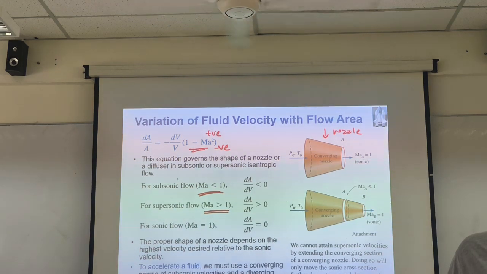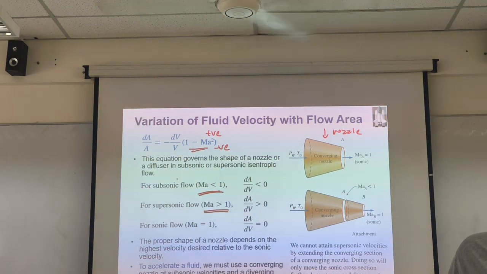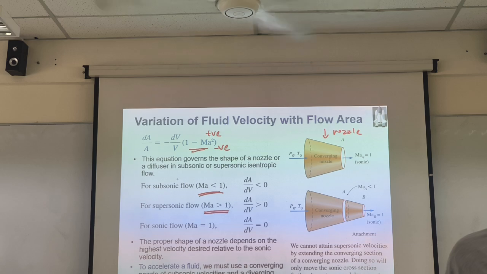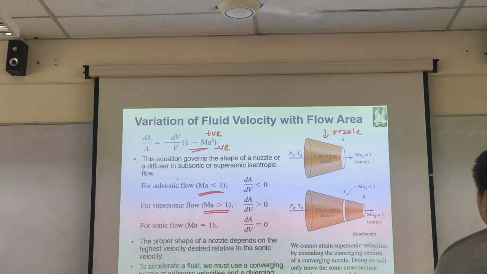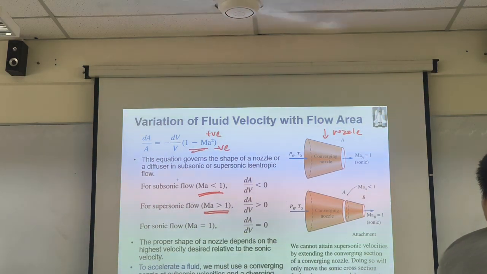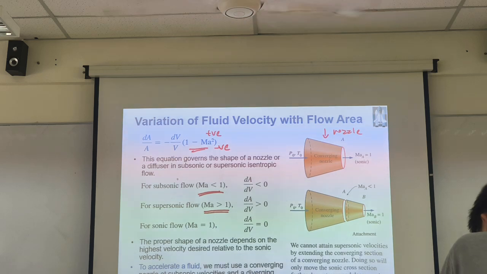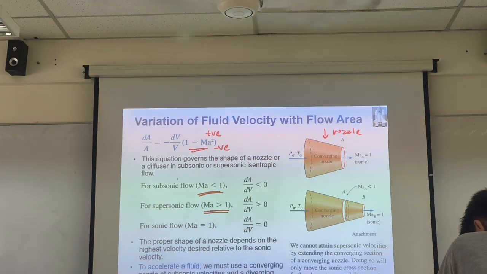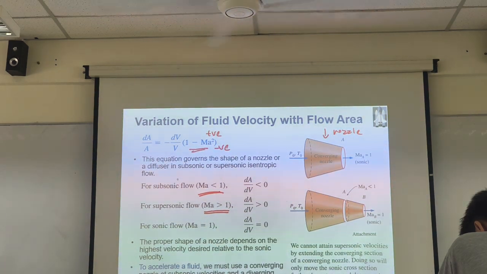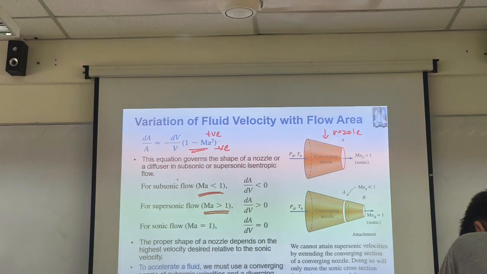You will not be increasing the velocity further. The highest that you can reach is sonic flow. To accelerate a fluid, we must use a converging nozzle at subsonic velocity and a diverging nozzle at supersonic velocity. To accelerate a fluid to supersonic velocity, we need a diverging nozzle.